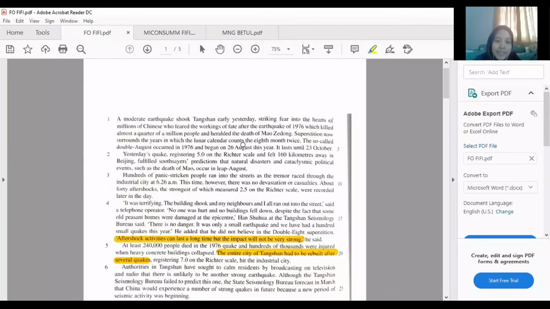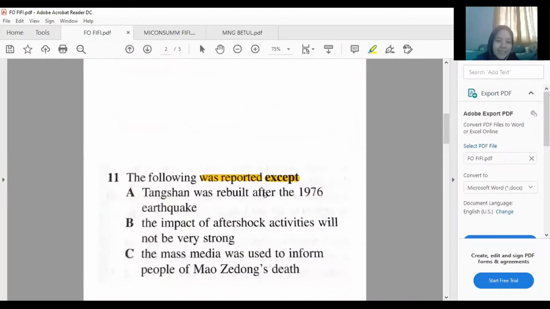Here, it is stated that 1976, which killed almost 250,000 people and heralded the death of Mao Zedong. But it is not stated that the mass media was used to inform people of Mao Zedong's death. So the answer is C, because it wasn't reported in the report.